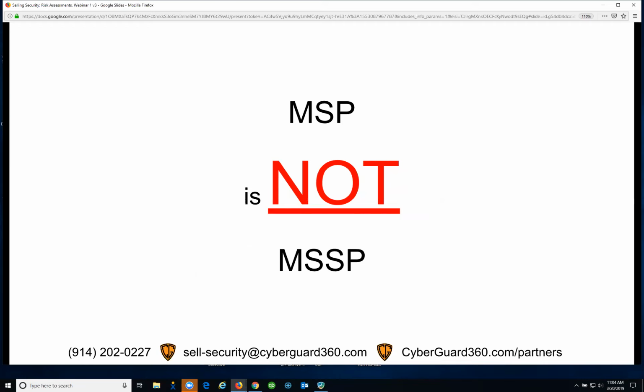An MSP, again, thinks within the four corners of tech. An MSSP thinks about the way the C-suite thinks and feels about the corporate culture of their clients, and delivers services and products that speak to that. So again, an MSP is not an MSSP. As you begin to think bigger, you begin to think beyond the four corners of technology.